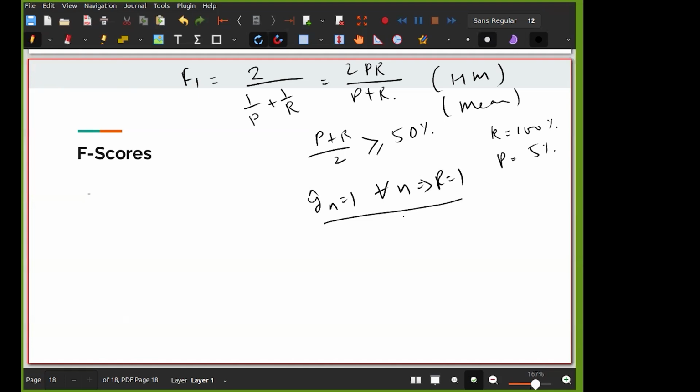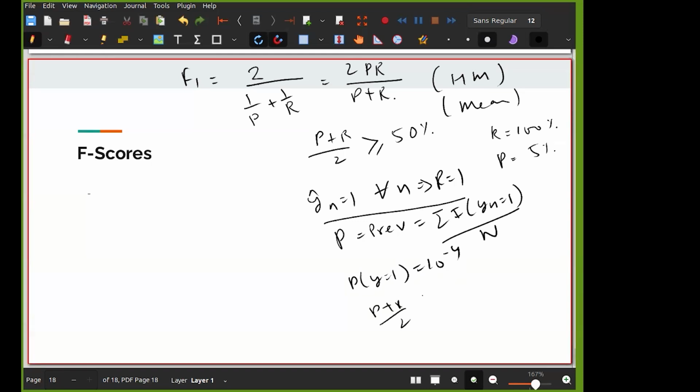And exactly in this case, my precision will be equal to my prevalence, which will be the sum over i of y_n equal to 1, divided by capital N. Now, if we suppose that prevalence is low, which is the probability of y equal to 1 being 10 to the power minus 4 or something, then my arithmetic mean will be (p plus r) by 2, which is (10 to the power minus 4 plus 1) by 2, which is almost equal to 50%.